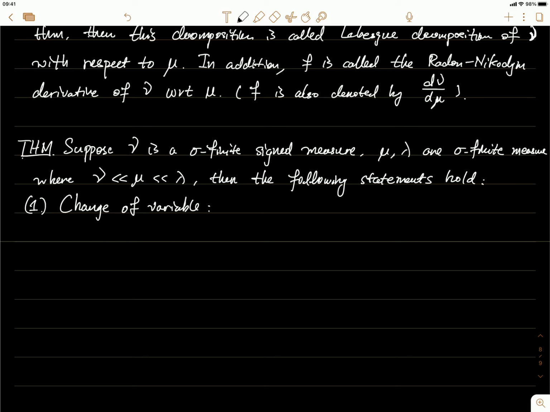What it says is that if a function g is nu integrable, meaning that g is mu measurable and the integral of g with respect to the measure nu is finite, then g times d nu d mu is mu integrable.